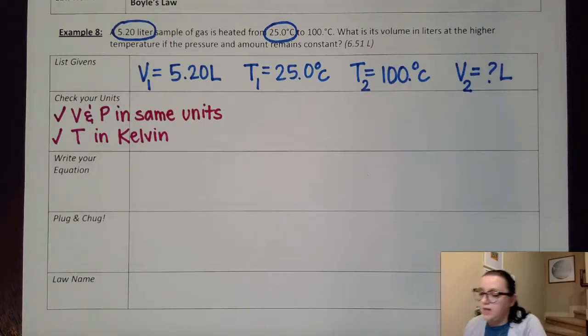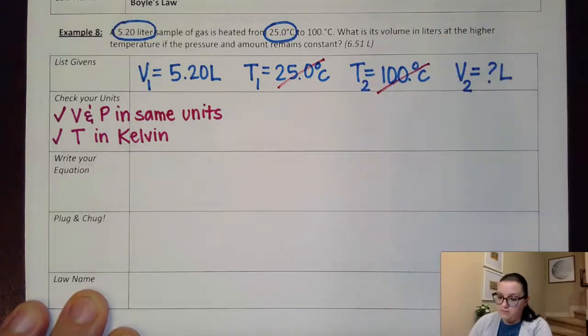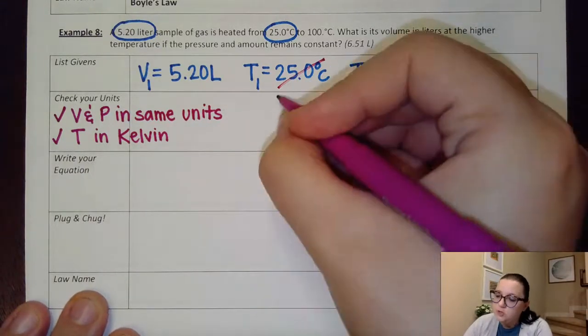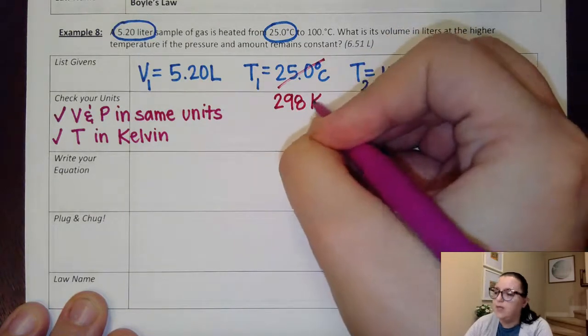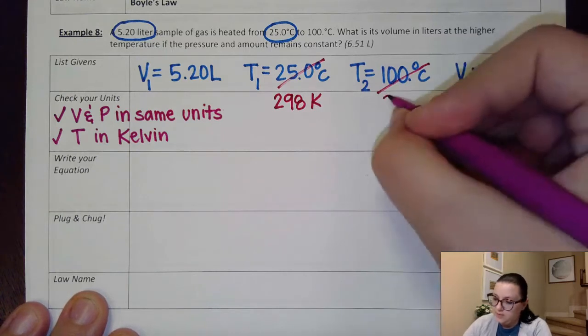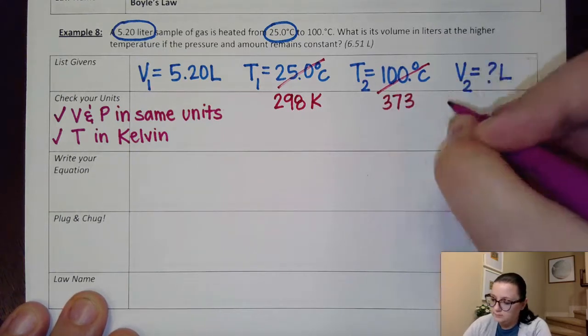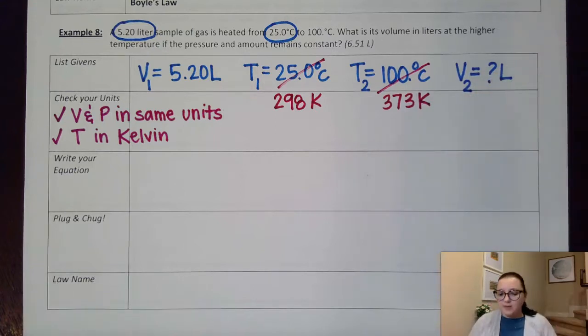So I just need to add 273 to both. 25 plus 273 is 298 Kelvin. 100 plus 273 is 373 Kelvin. All right, so I've got everything in correct units.